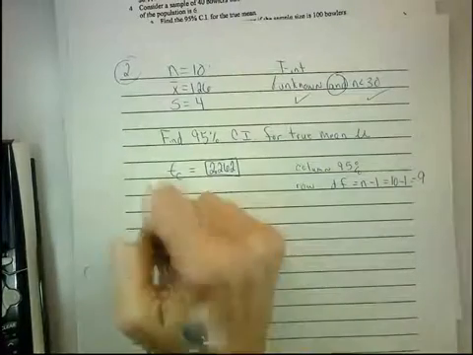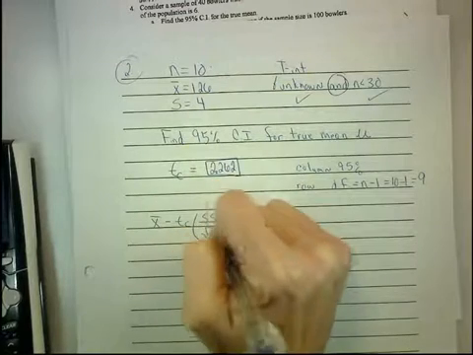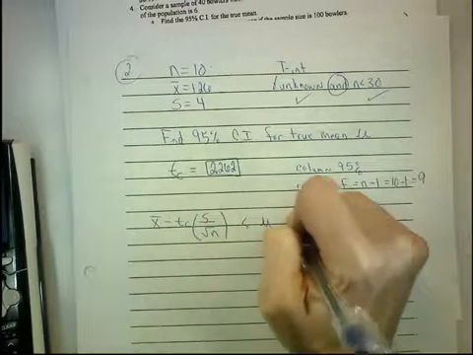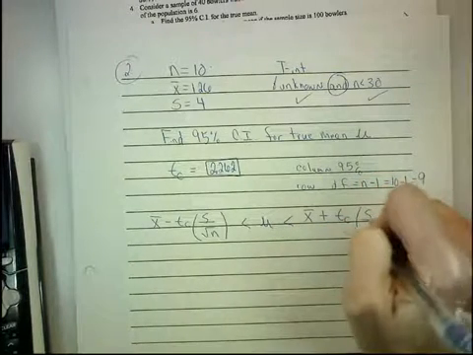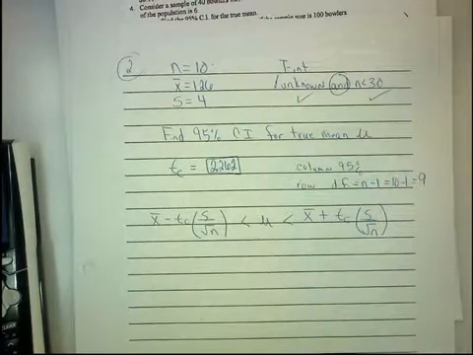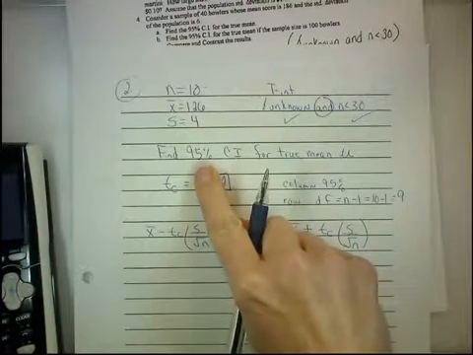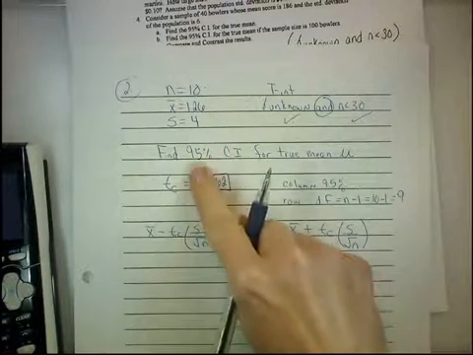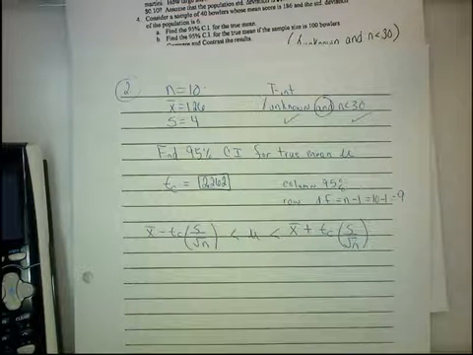Next step is your formula: X bar minus T sub C, S over the square root of N, X bar plus T sub C, S over the square root of N. Those of you that mistakenly call it a Z interval will probably use the wrong critical value of 1.96. The critical value is 2.262.